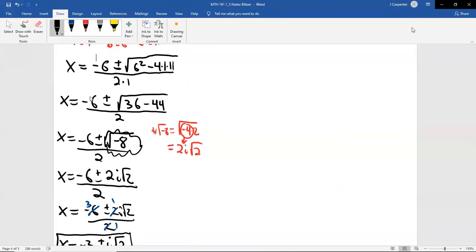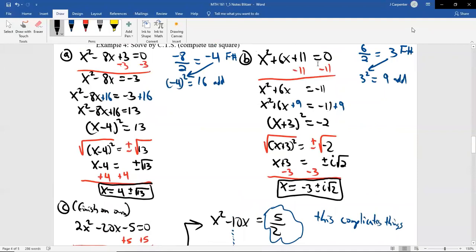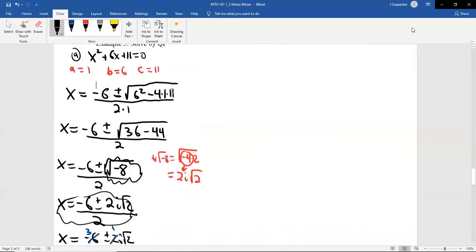They'll stop and they'll say this is the answer, and that's wrong. Also, some people may have stopped here and not reduced, but it's wrong. Those two issues did not come up when we did it by completing the square. So that's one strength of completing the square. A lot of the arithmetic simplifications don't end up happening.